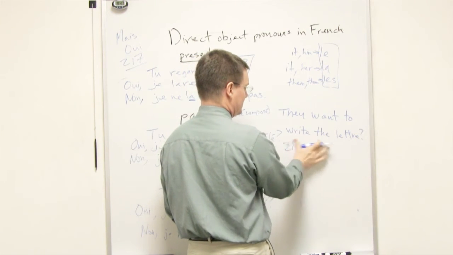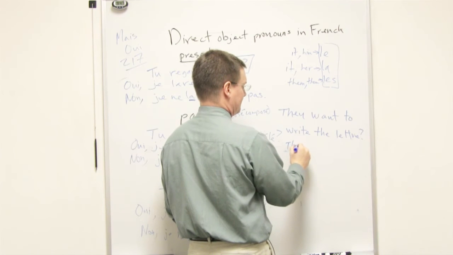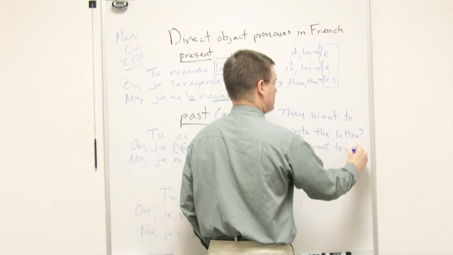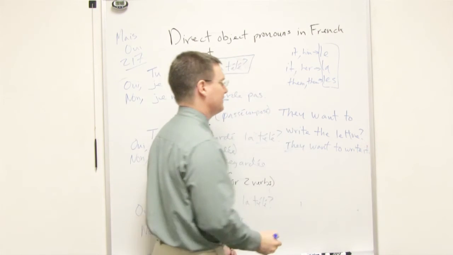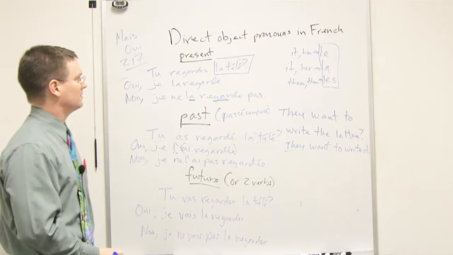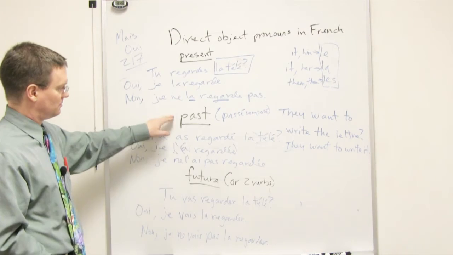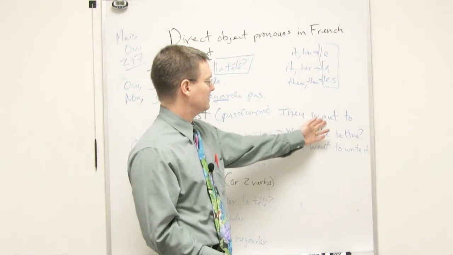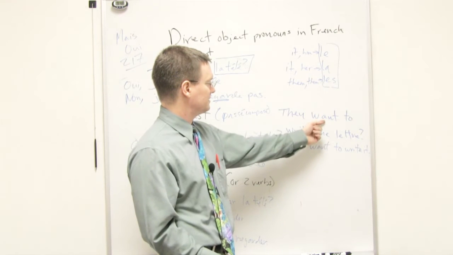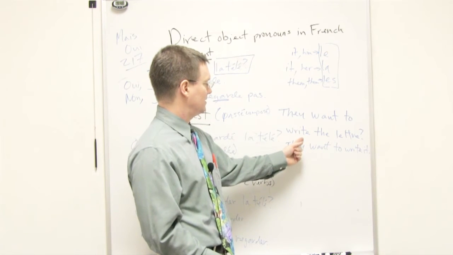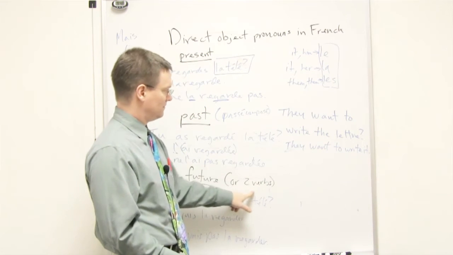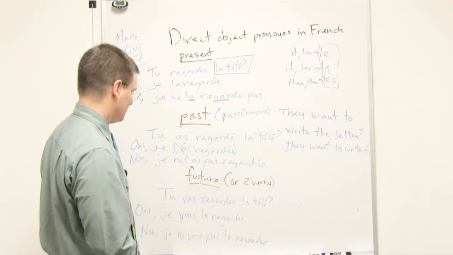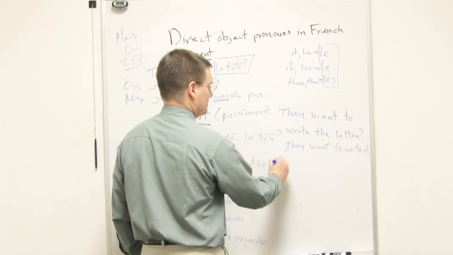They want to write it. They want to write it is what I want to say. What would our model be? Would it be present, past, or future, or two verbs? Now let's look at our phrase here. It looks kind of like the present, but there are actually two verbs, want and write. So this actually, two verbs is going to be what is going to be our model here. So let's actually write that.